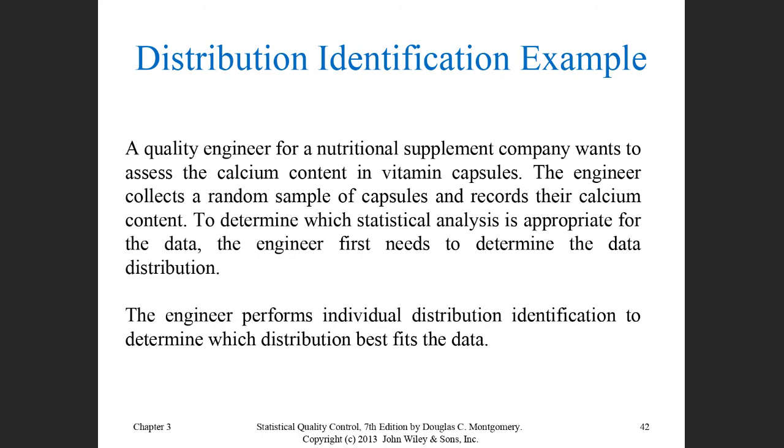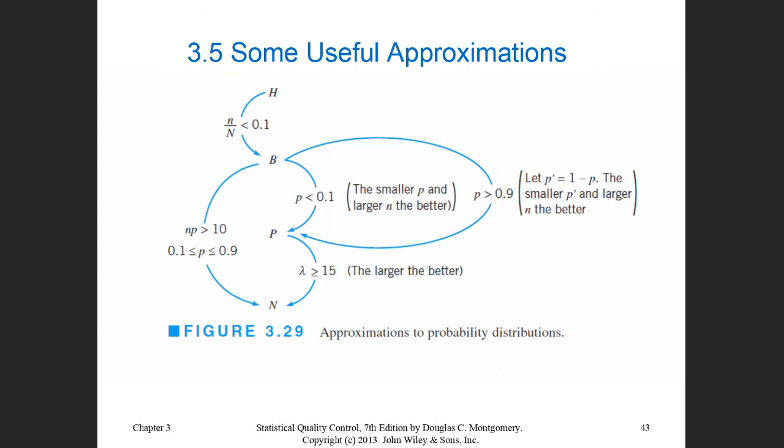It is an easy chapter. For the last part, it shows you the parameters and when they are considered to be good. For example, for the normal distribution here, the smaller the p, the better. And as we said, the larger the n, meaning the sample size, the better. But these are already done in Minitab, and it is going to rank them based on this analysis.